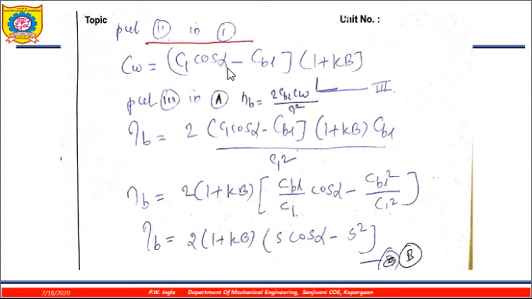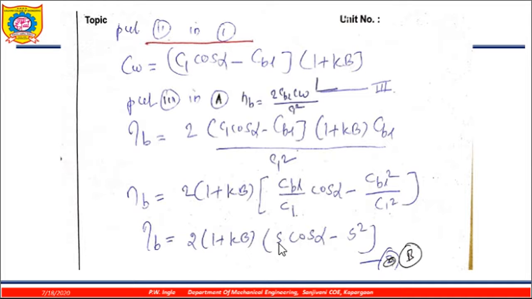So it is 2 times C1 cos alpha minus CBL, 1 plus KB, CBL upon C1 square. On simplification, you get blade efficiency as 2 in bracket 1 plus KB, in bracket CBL by C1 cos alpha minus CBL square upon C1 square.